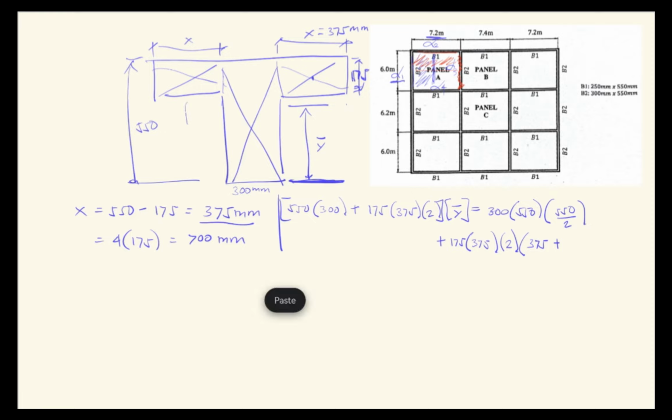Actually this distance is 375 plus half of 175, from here to the center of this. We'll then determine a value of y bar equal to 358.07 mm. Let us store this to memory F.